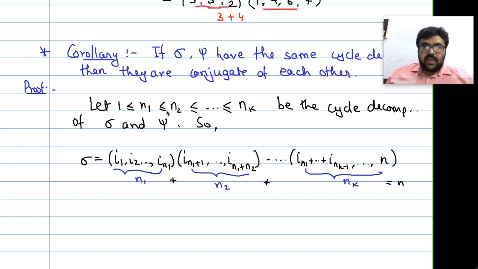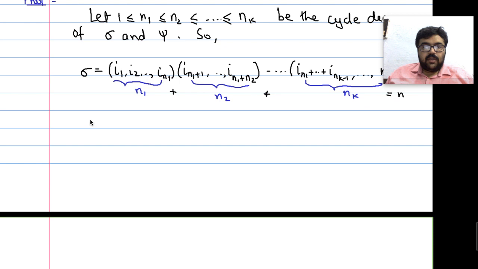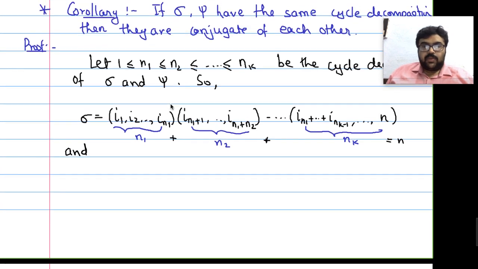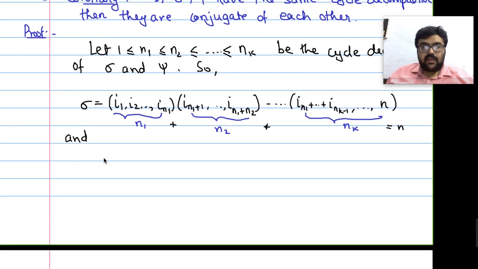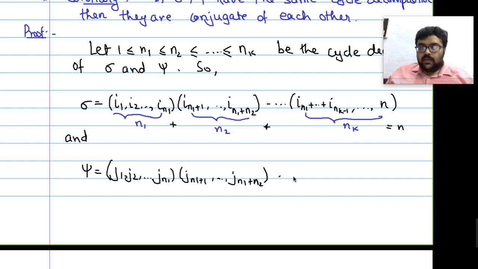And similarly psi also has, let me add one more page here. Okay, so psi also has a similar decomposition because we have assumed that they have the same cycle decomposition. So suppose psi can be written as j1, j2, up to jn1, and then jn1 plus 1, up to jn1 plus n2, and so on.